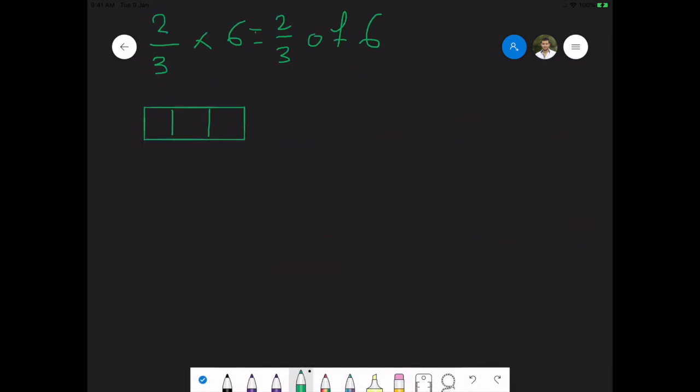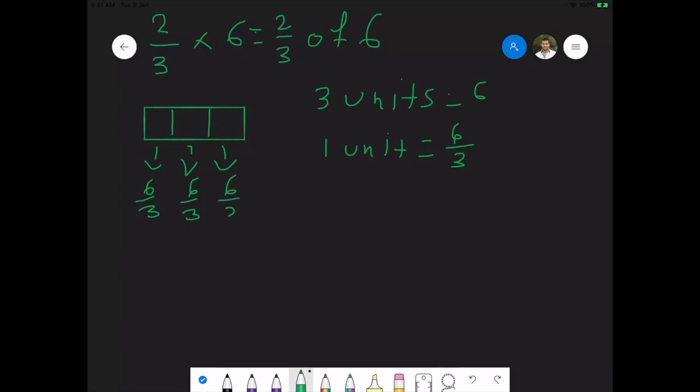Another way to go about this is that if I see my tape diagram, I know that 3 units are equal to 6. 1 unit will be 6 divided by 3. So each of these units is 6/3. I need 2 of these units.